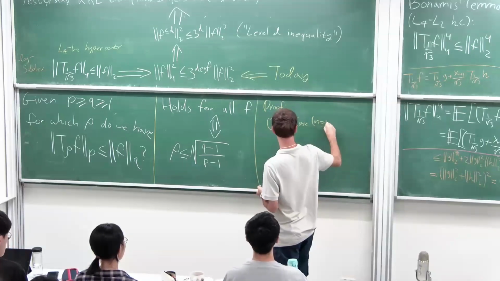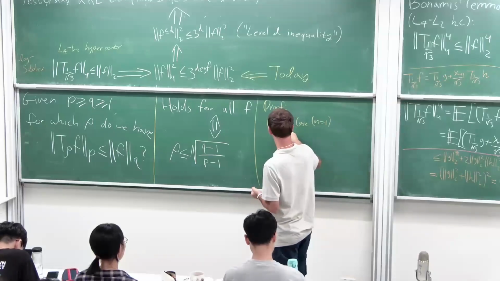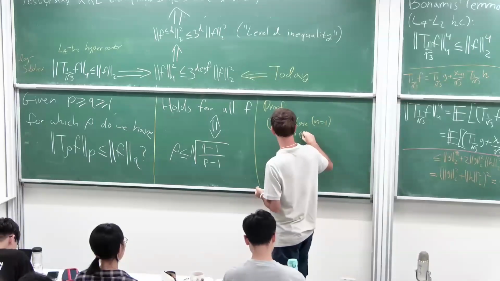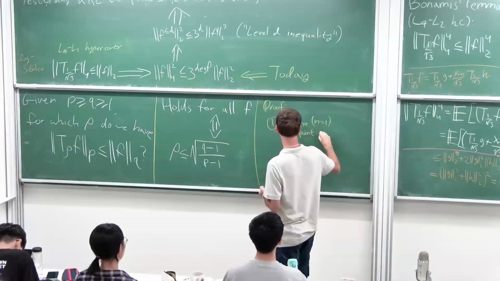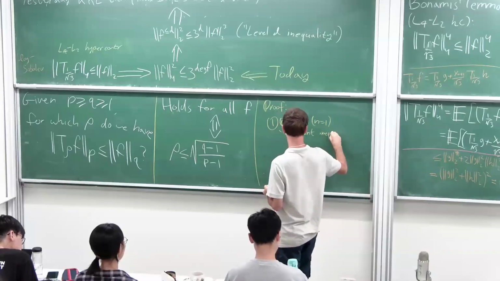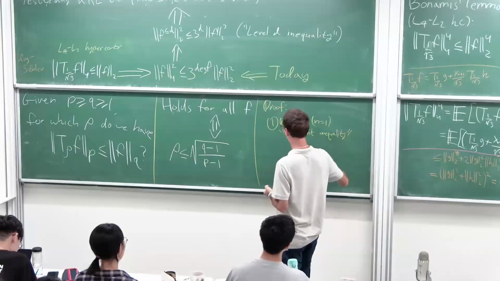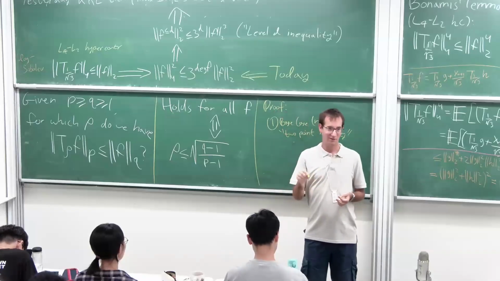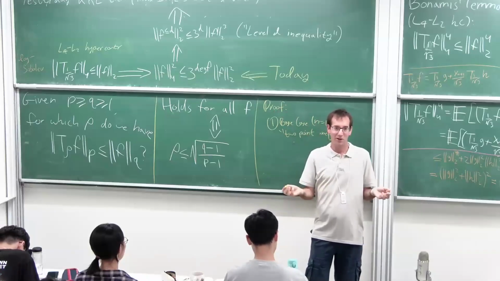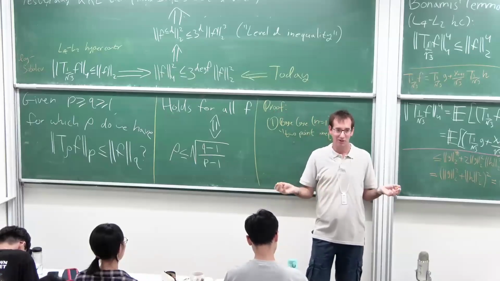n equals 1, which is known as a 2-point inequality. So it's called a 2-point inequality because the function on plus minus 1 to the 1 has 2 points. So it's some inequality involving 2 free variables.